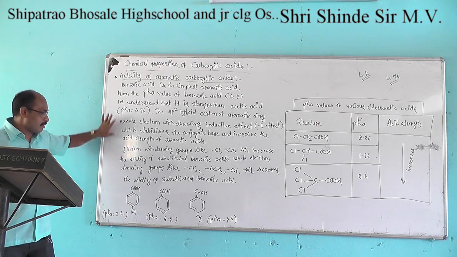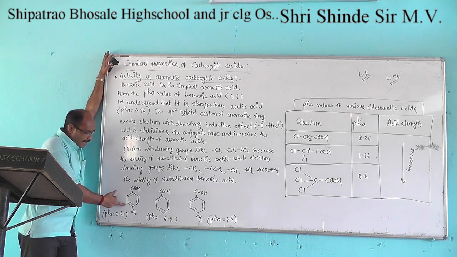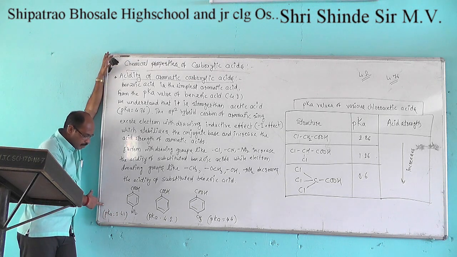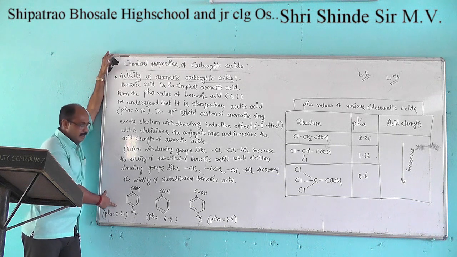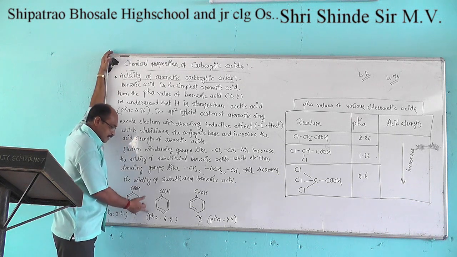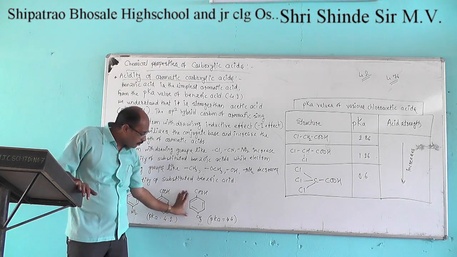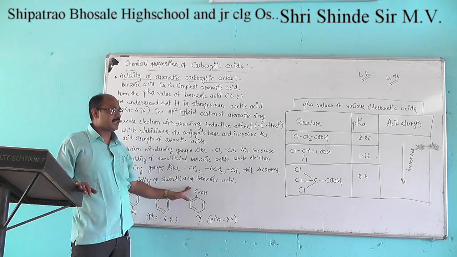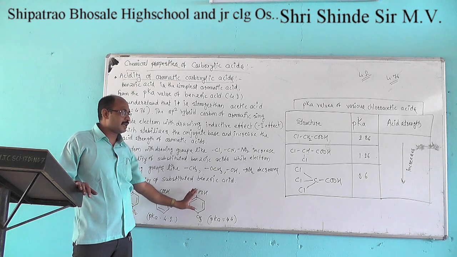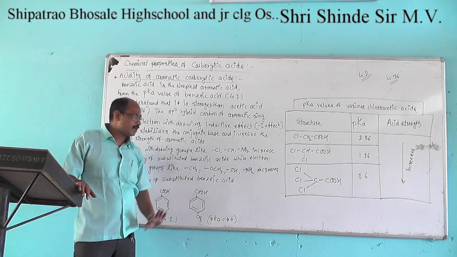For example, para-nitrobenzoic acid has a pKa value of 3.41, benzoic acid has a pKa value of 4.2, and 4-methylbenzoic acid, or para-methylbenzoic acid, has a pKa value of 4.4.